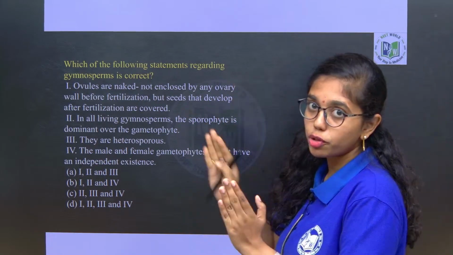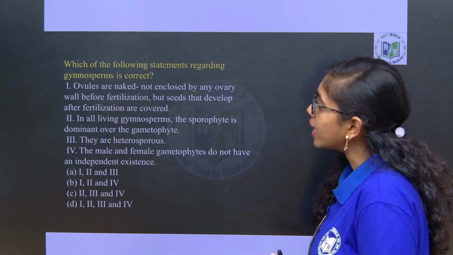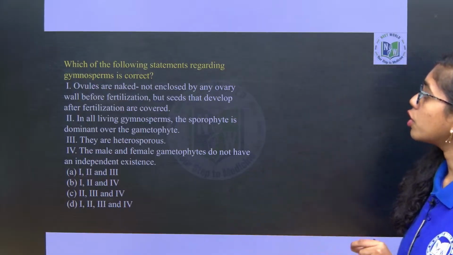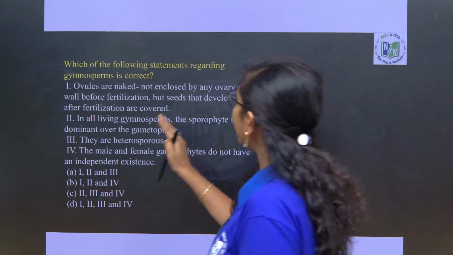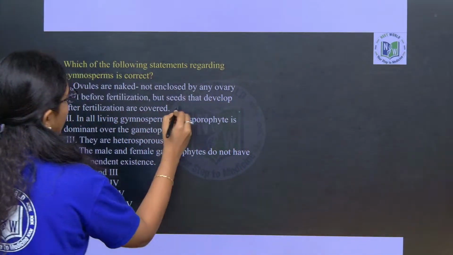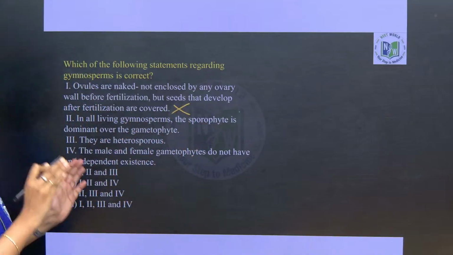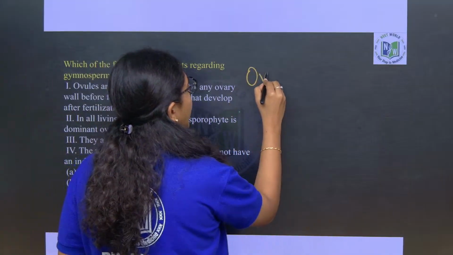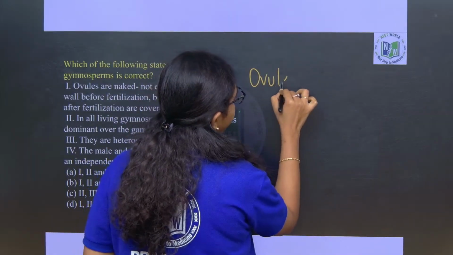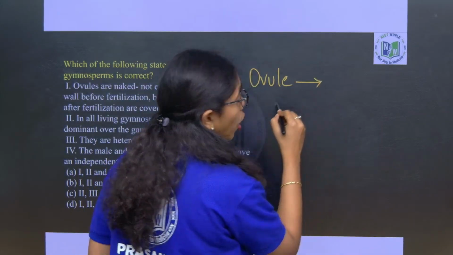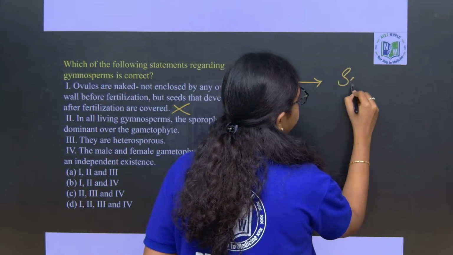Next, beta, which of the following statements is correct with respect to gymnosperms? Ovules are naked, not enclosed by any ovary wall before fertilization, but seeds that develop after fertilization are covered. No, because the ovule pre-fertilization, after fertilization, is modified to seed.